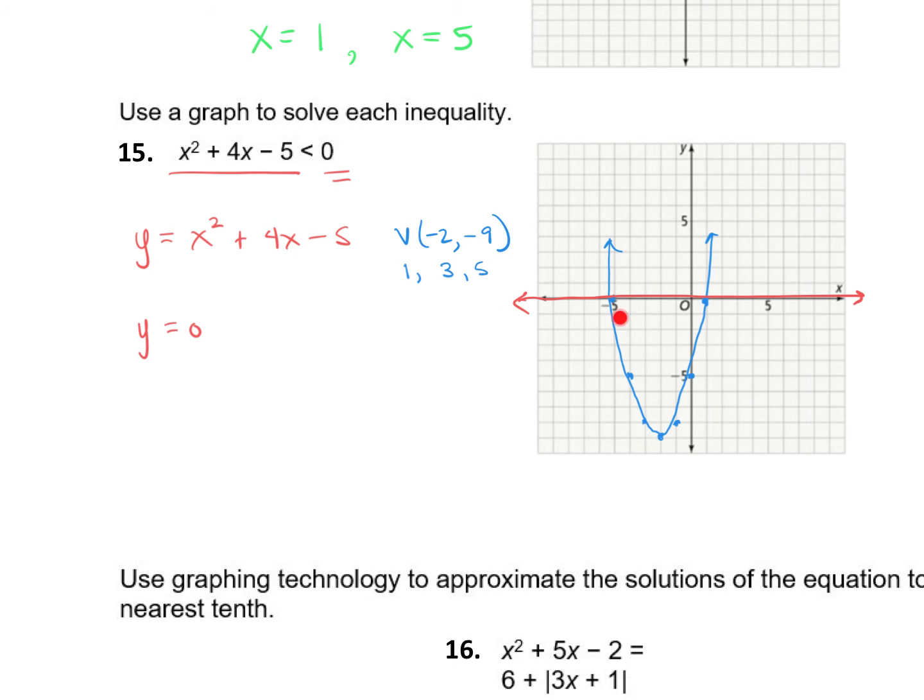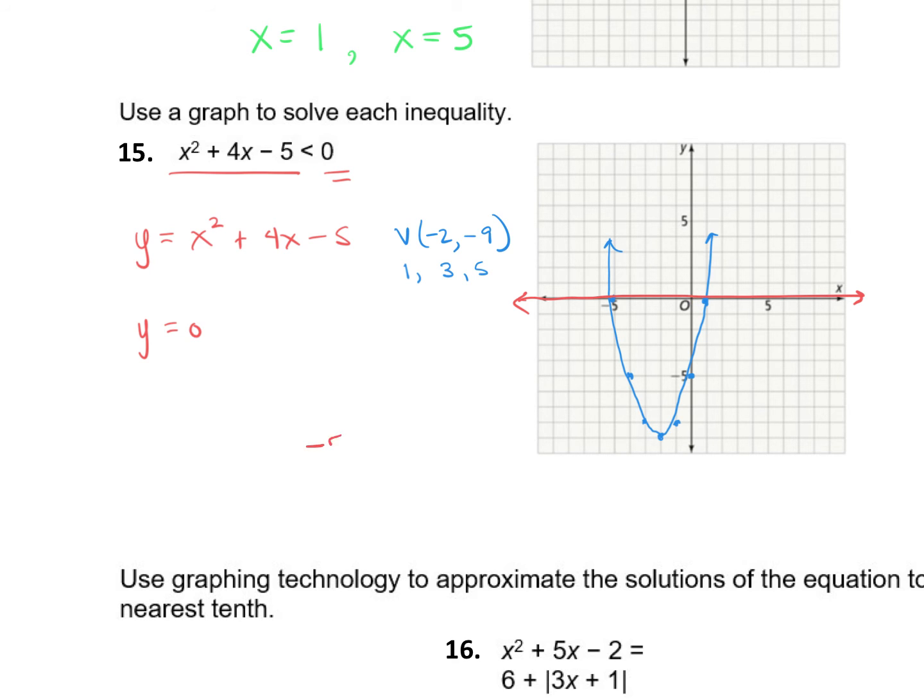All of this down here. Here's where your parabola is less than. So it's this continuous part of the parabola, but again, because it's a solving for x type of problem, we only care about the x's. So from here to here, that's when the parabola is less than that horizontal line at 0.